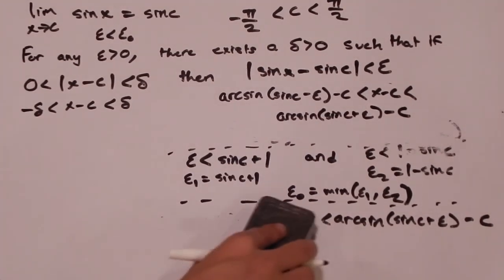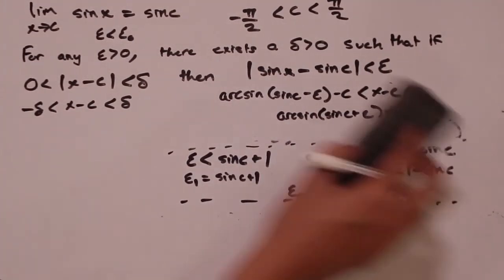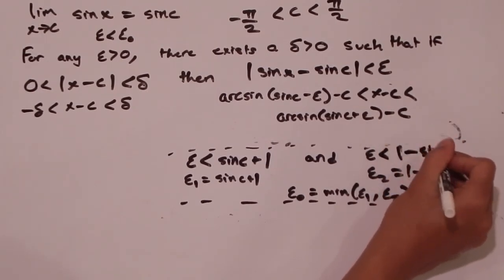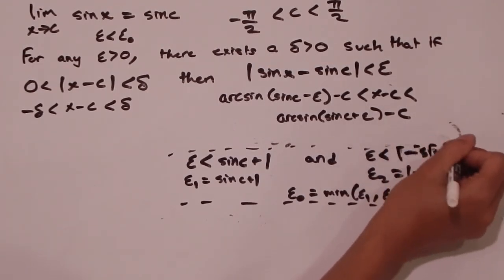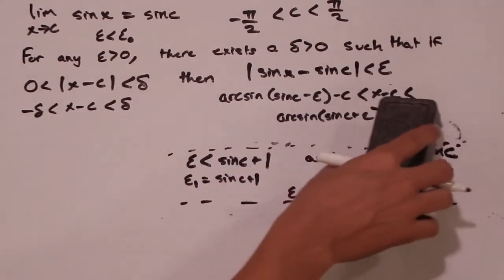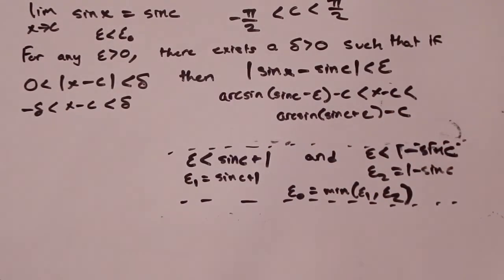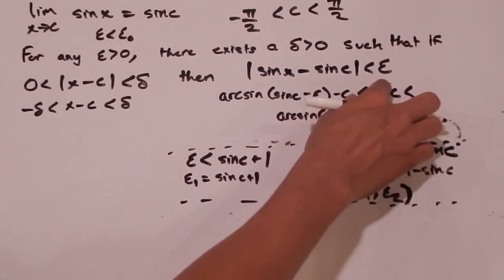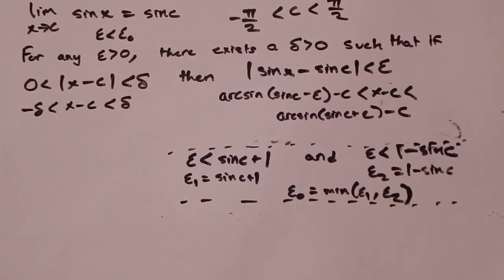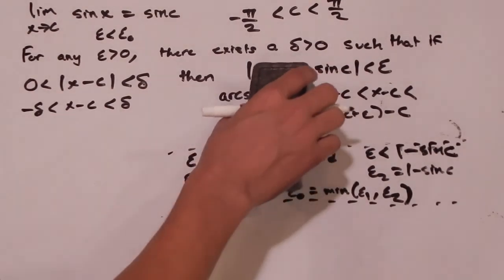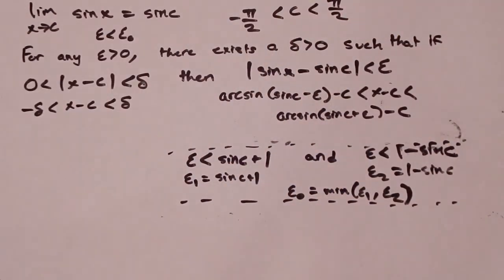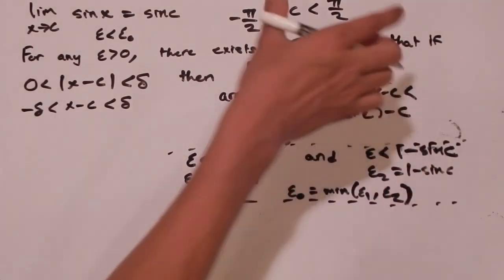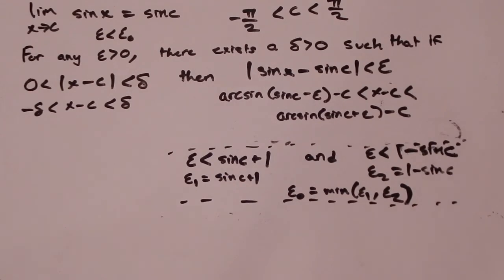And the whole reason for doing that is now we know that if we pick an x value such that x minus c is greater than this term but less than this term, then epsilon will be greater than the absolute value of the sine of x minus sine of c. So if we show that for our x values this statement is true, then this epsilon statement will still be true.